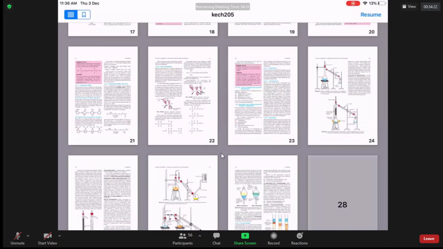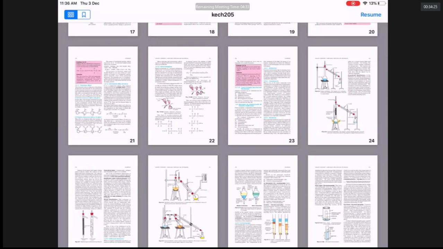So these are the diagrams related to separating organic components.